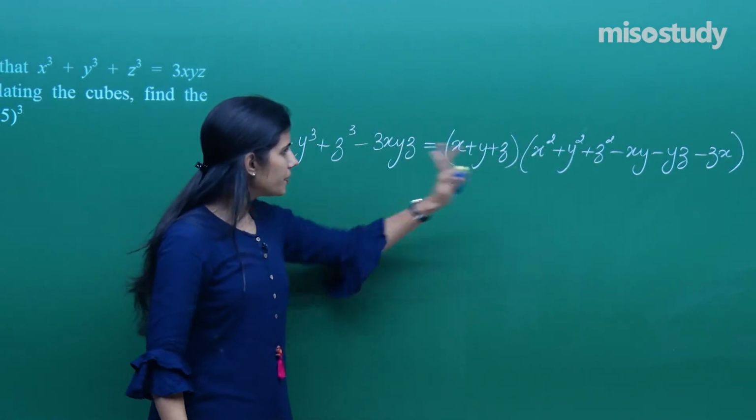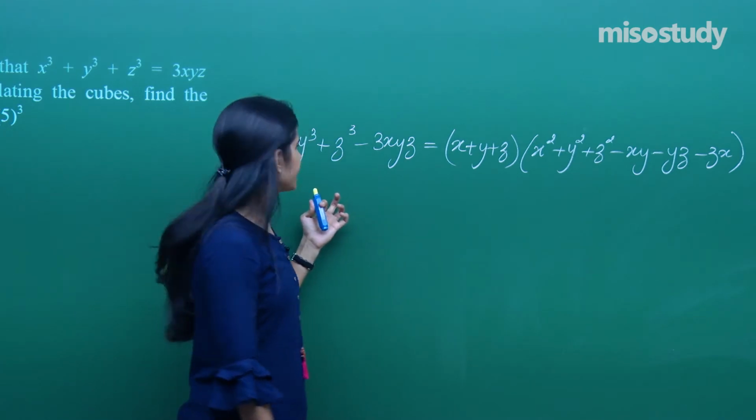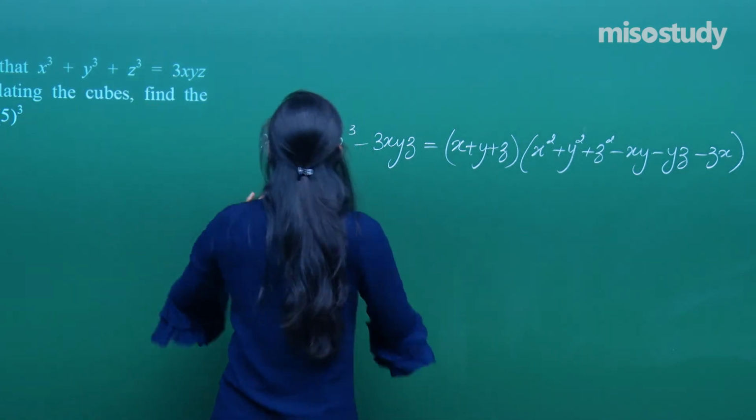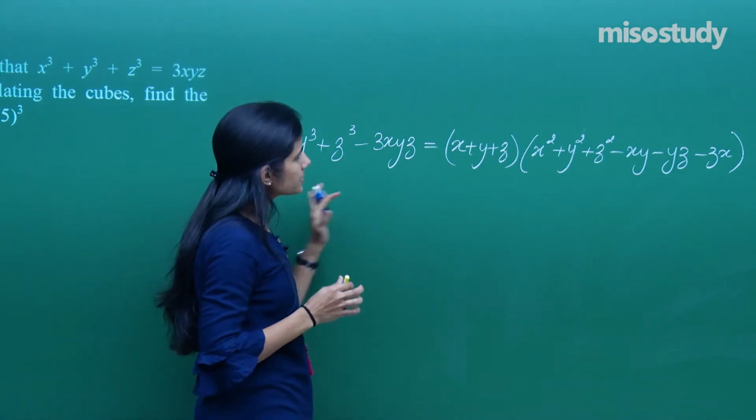We are well versed with this expansion, right? Now why did I write this? Because it is connecting us to what we want to show. x cube is there, y cube is there, z cube is there, 3xyz is there. Fine. This is something that we know.